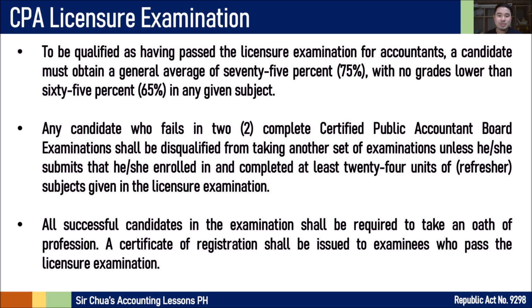When can you say that you passed the CPA board exam? General average of 75, pero dapat per area, wala kang lower than 65. So, for example, ang rating mo 76, pero meron kang, kunyari ang taxation mo 64, mako-conditional ka sa taxation.